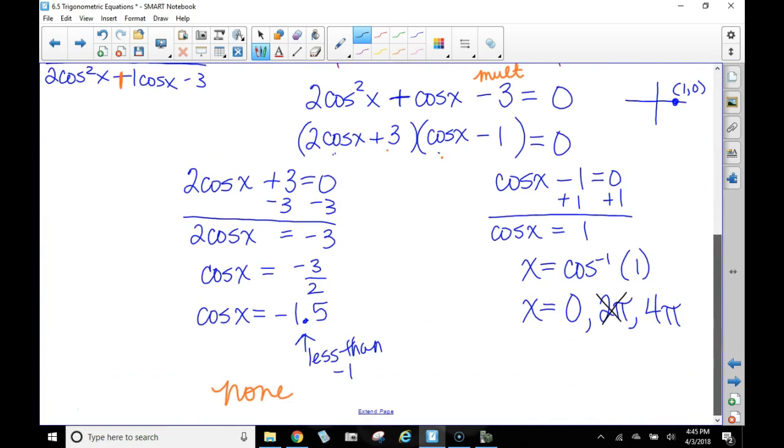So my only answer is going to be the 0, x equals 0. And if we want to keep with the same way of writing in solution set form, we put that in fancy little brackets. So our only answer is 0. Now these would check, but they're outside of that interval from 0 to 2 pi, so we don't need those, just 0.